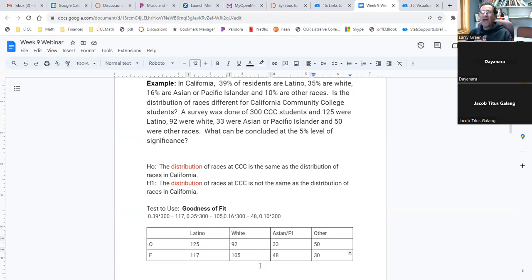All right. Now that we have our data, our observed and our expected, any guess on what the next step is? We've seen this for hypothesis testing before. What is the next step?